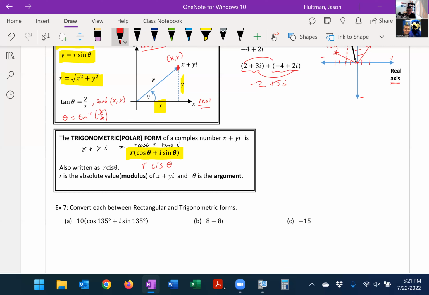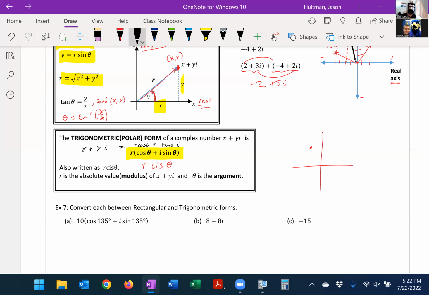Okay, so we have an r and we have a theta, and that tells me exactly where a point is located in two space. So if I have a theta, an angle, and then I have a radius r, that tells me exactly where a point is located in space. For example, if I wanted this point over here, just a random point, well, how would I get that point?